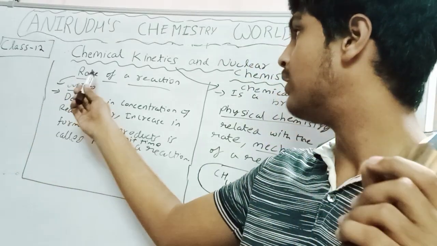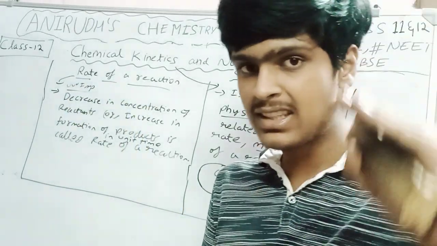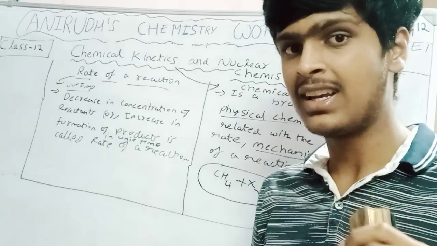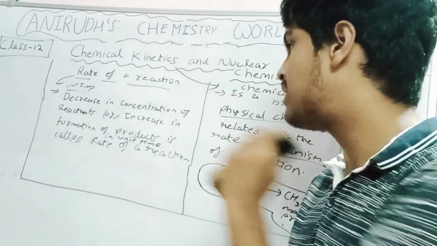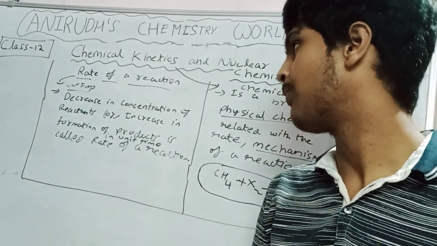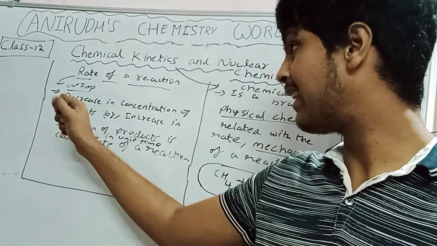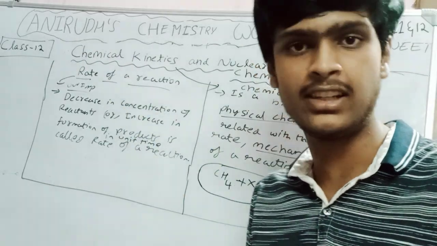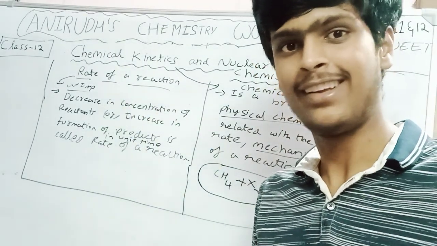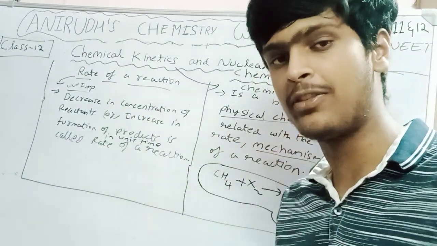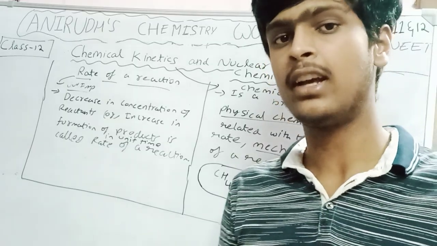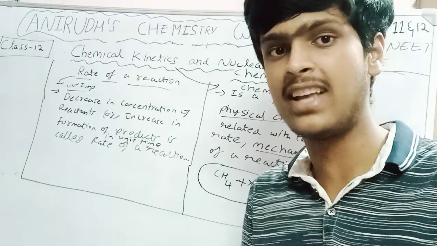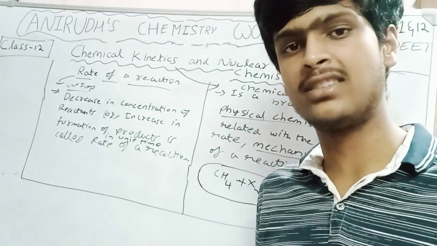Now the rate of reaction is the decrease in the concentration of reactants or increase in the concentration of products in a unit time. Here the concentration is like the distance in physics. I'm just comparing, it's not for real. The concentration acts as the distance, and the time remains the same.